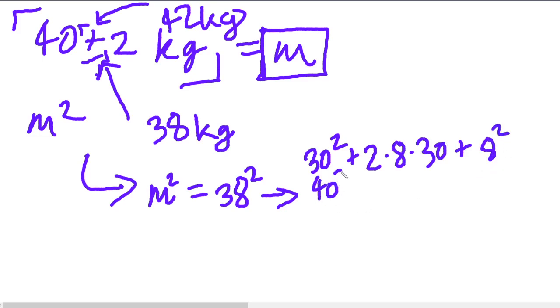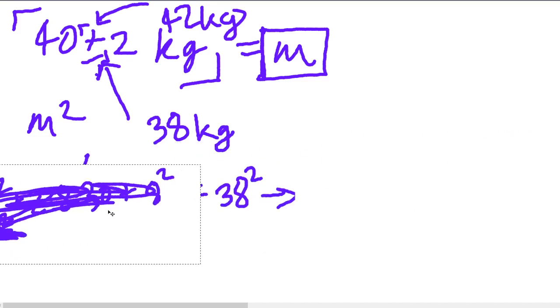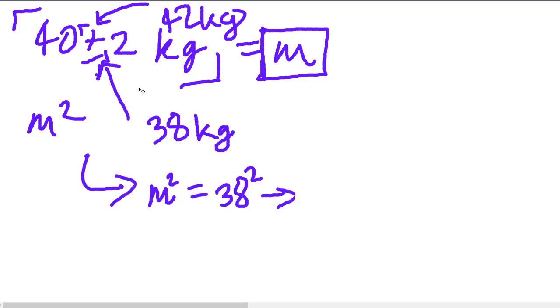or 40 squared. It's more appropriate actually to work this out as 40 minus 2 squared, because that's the uncertainty that we're dealing with.